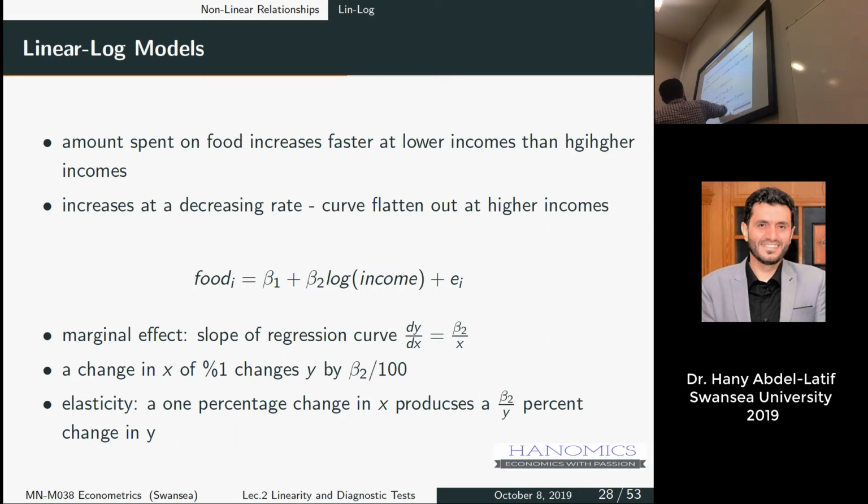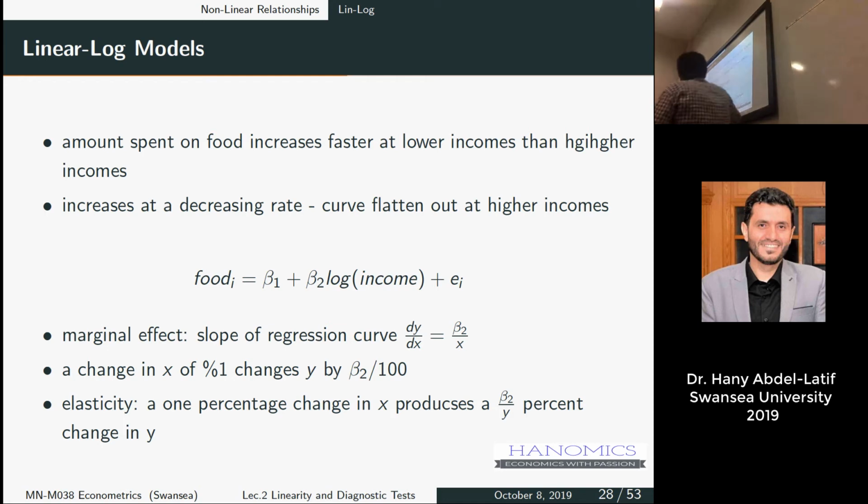That means at higher incomes, the spending on food will become more like a flat line. It's not going to go beyond that.